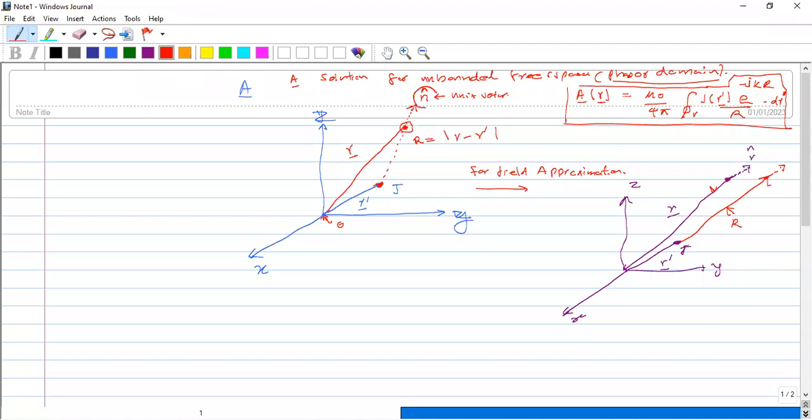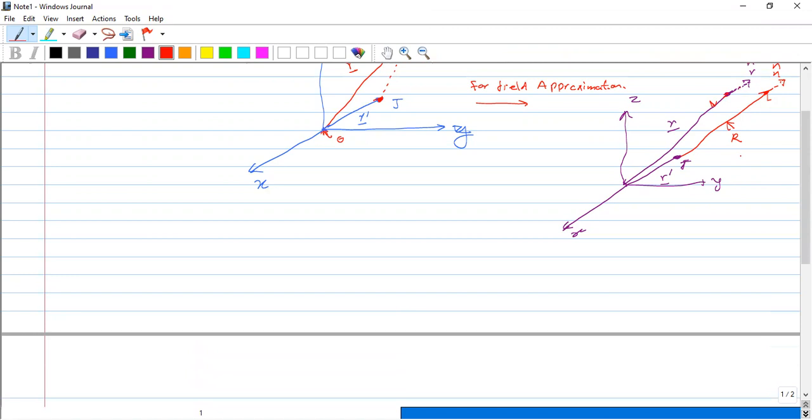That is n hat, the unit vector in this direction. So this line and this line are parallel, so R hat and n hat are in the same direction. So they are equal. That is the far field approximation.